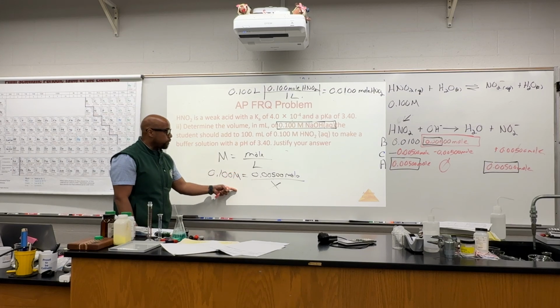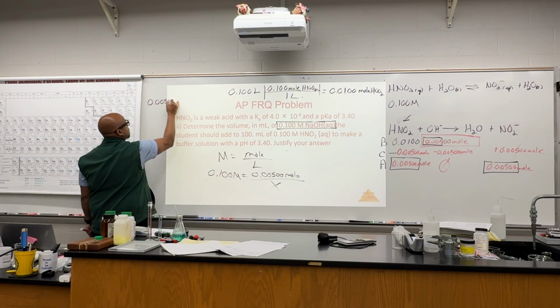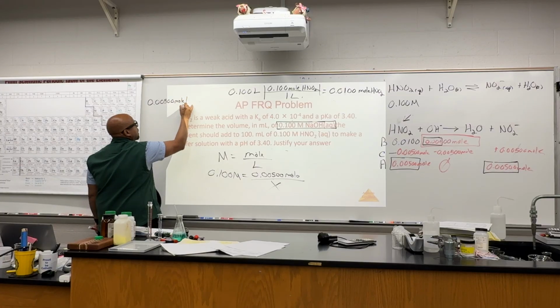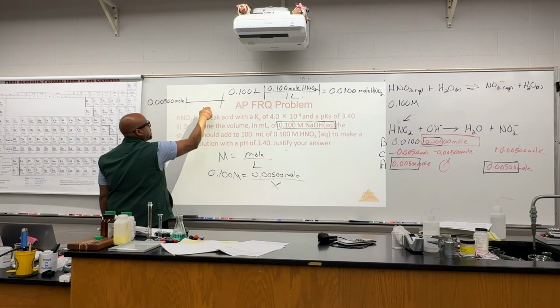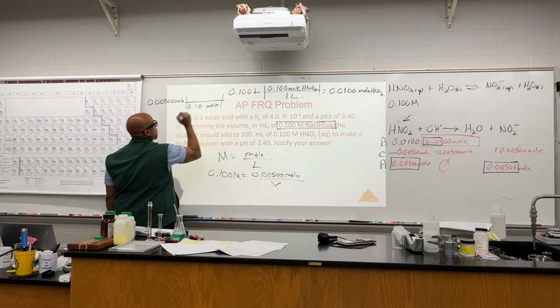I know this is moles per liter, so I just go in here and say 0.00500 moles. The concentration, well, I want moles to go down here, so that would be 0.100 moles per every 1 liter.